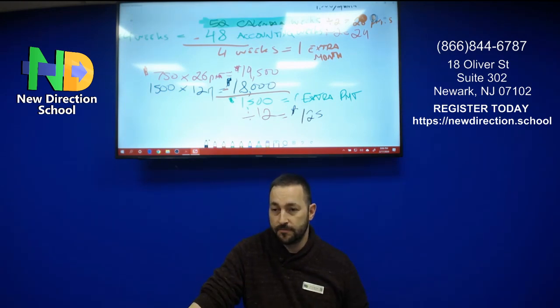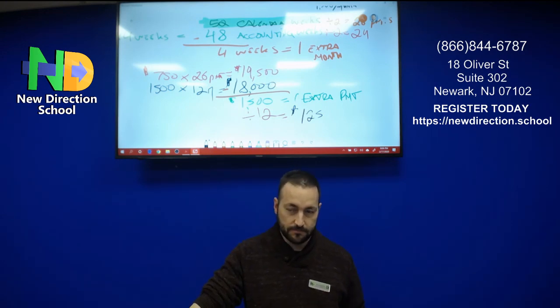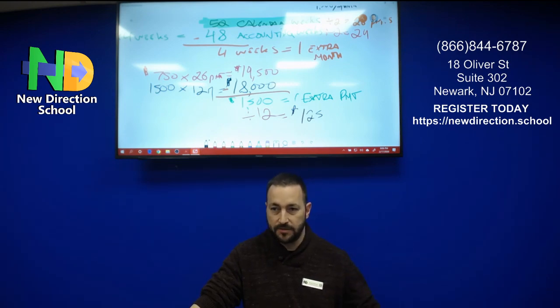I think the problem is that this 750 bi-weekly is like, it's not really bi-weekly, it's just like twice a month. No, it's actually the opposite. It's not twice a month, because then you would only have 24 payments. There's two extra payments every year. That's why twice a month does not work.